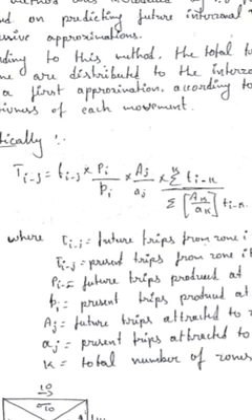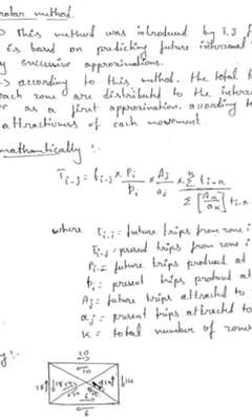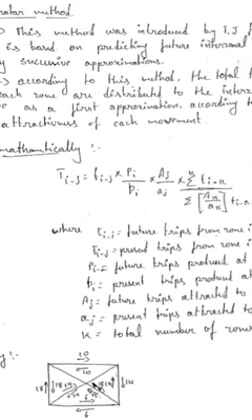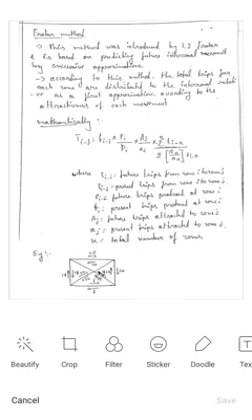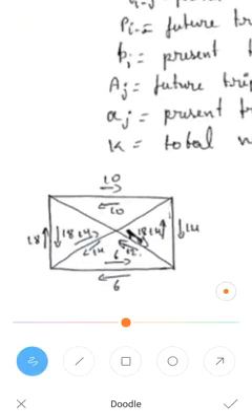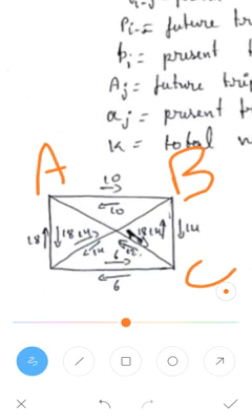Okay, so you can see an example. This is a typical rectangle section with the diagonal. This is A, this is B. You can call it C, and this is called D. So trips generated from A to B may be 10.